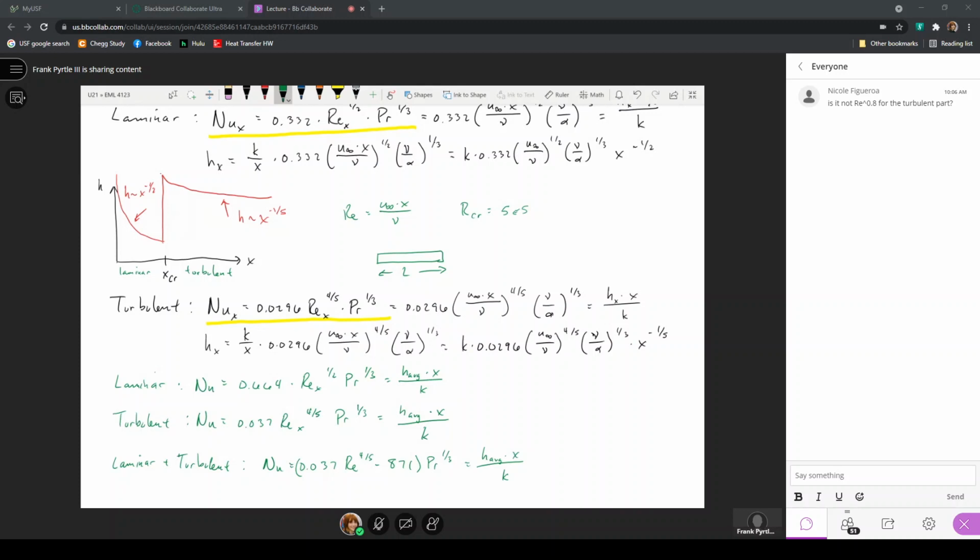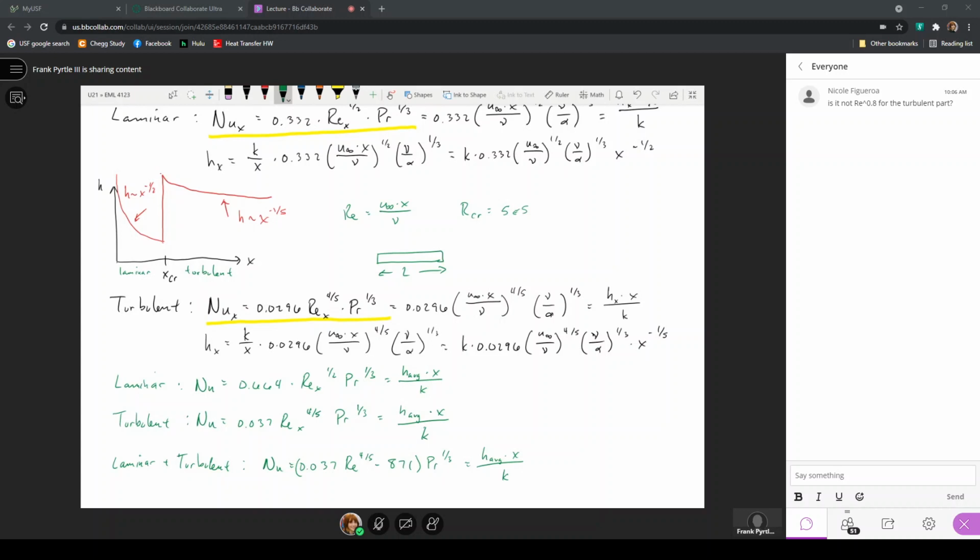So whenever we're writing expressions for heat transfer coefficients, we have to consider what this heat transfer coefficient is actually being used for in order to determine which correlation should be used to get that actual heat transfer coefficient.